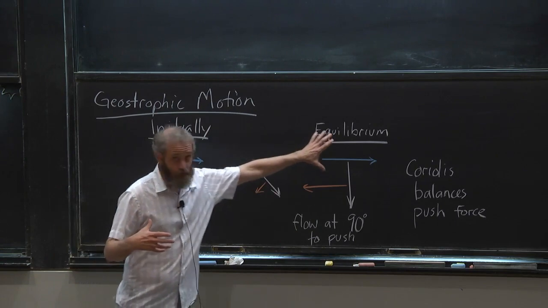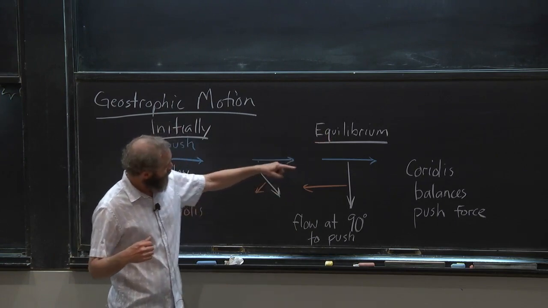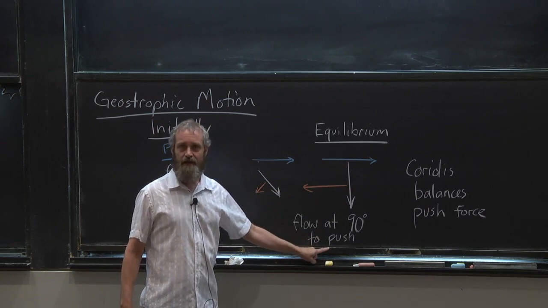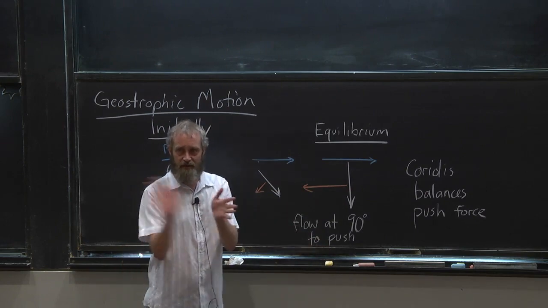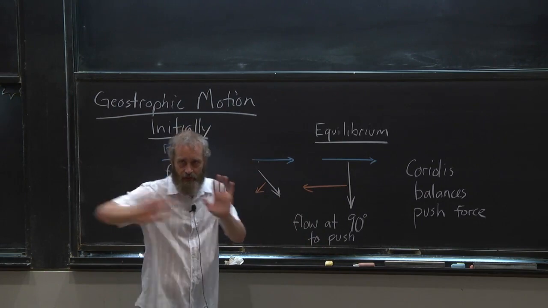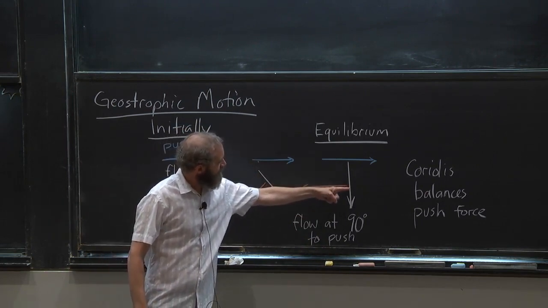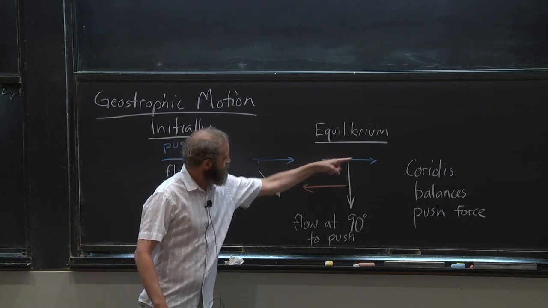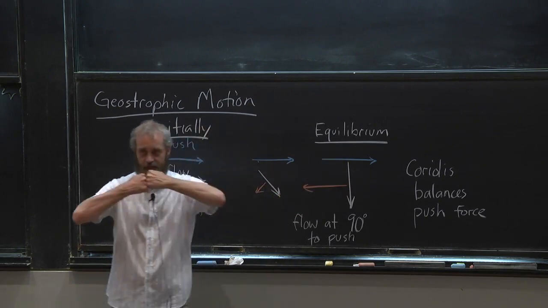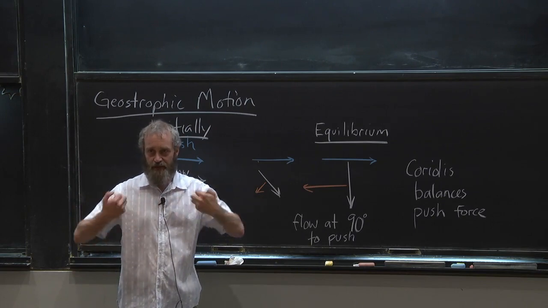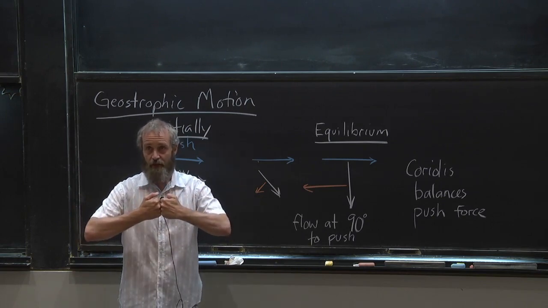So it can stay in this equilibrium state forever, where the flow is actually astonishingly going at 90 degrees to the side of the way you're actually pushing it. And in this way, the Coriolis, which is 90 degrees then to the flow, is now pushing back, exactly counteracting the push force. And so that's why this is equilibrium, because those forces can cancel each other out.